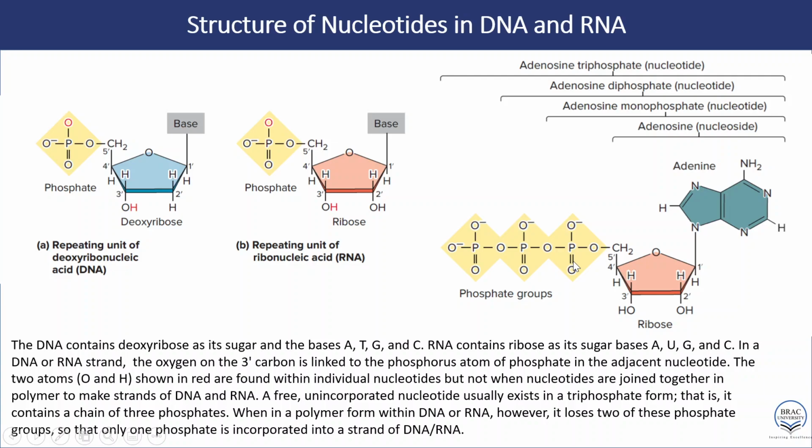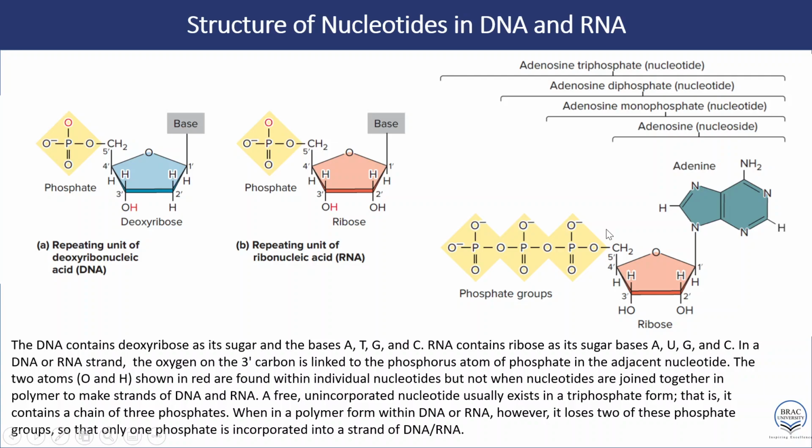But when they are incorporated in the DNA strand or RNA strand by the DNA polymerase or RNA polymerase, these two phosphate groups are cleaved off, and the energy is released, and that energy is mainly used by the DNA polymerase to incorporate this nucleotide into the growing strand of the DNA.